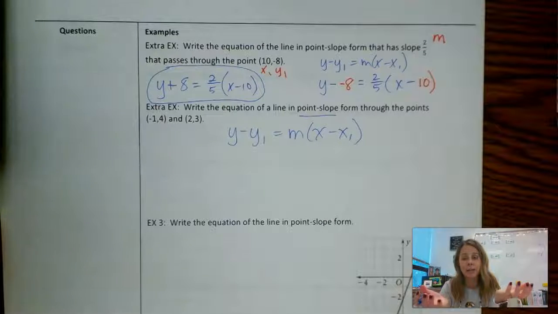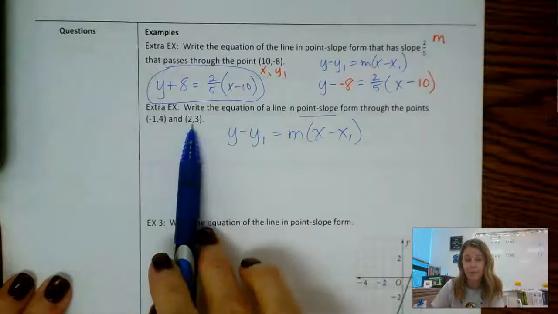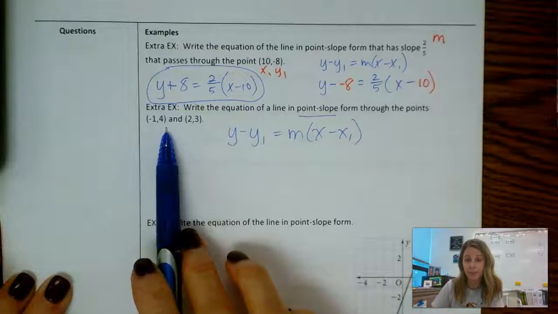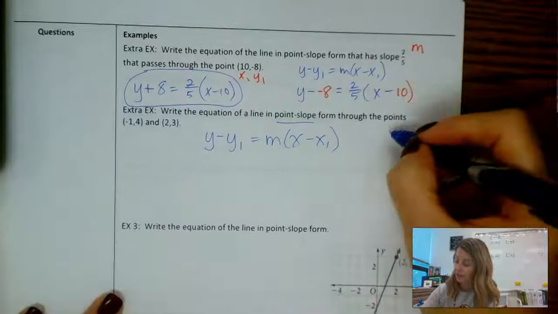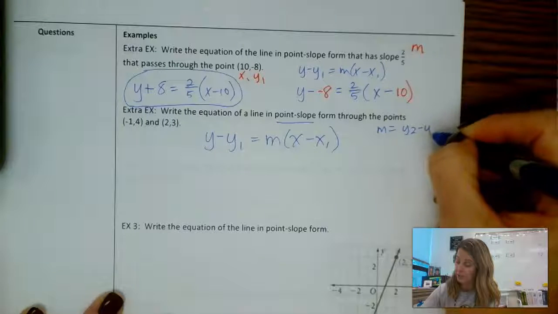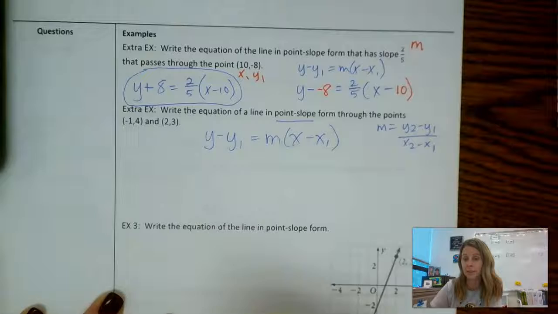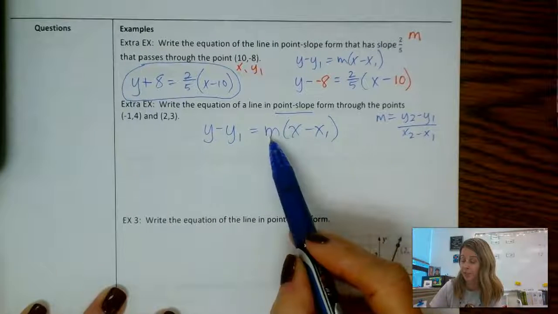But slope, how am I going to get my slope? Well, you know a formula that calculates slope between two points. Let's do that over to the side. My formula for slope is y2 minus y1 over x2 minus x1. So we need a little side calculation just to get m.